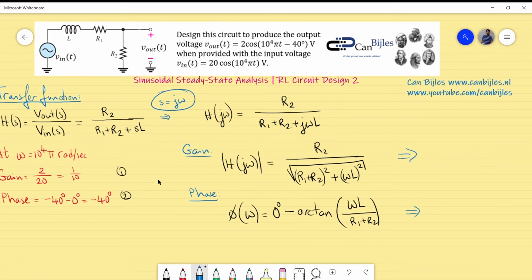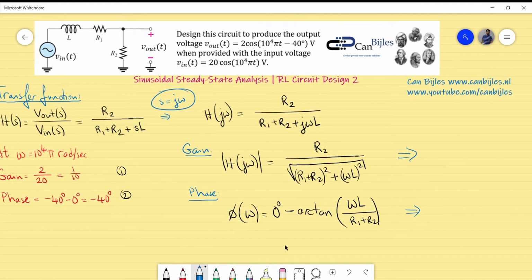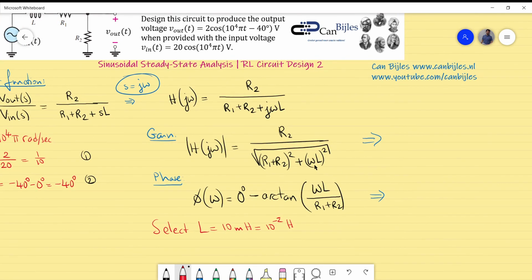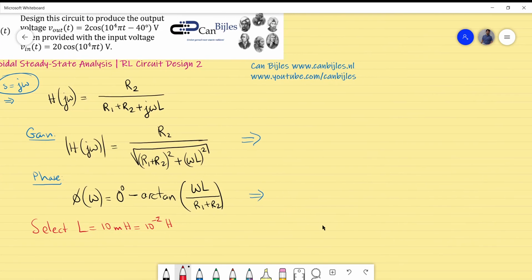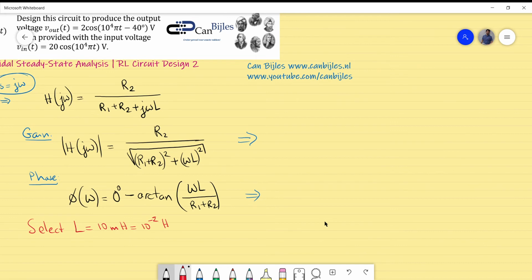So in this case I will take the inductor value, just 10 millihenries. You can take another one, it doesn't matter, it will work. So it will be 10 to the power minus 2 henries. If I now substitute the omegas and the chosen value for the inductor, we will have the following situation for the gain and also for the phase.